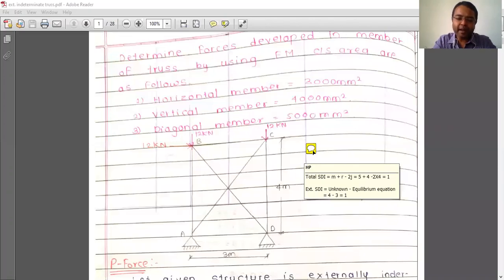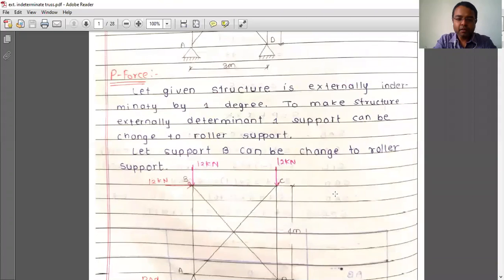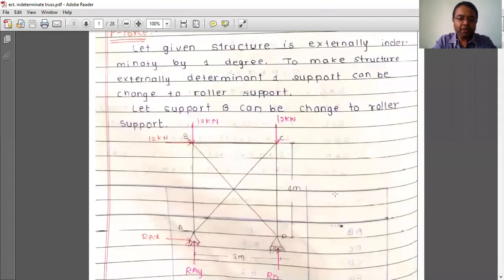Now we are going to analyze this given indeterminate structure. For that, first of all we go for the P force calculation. P force calculation means we make the structure a determinate type of structure.